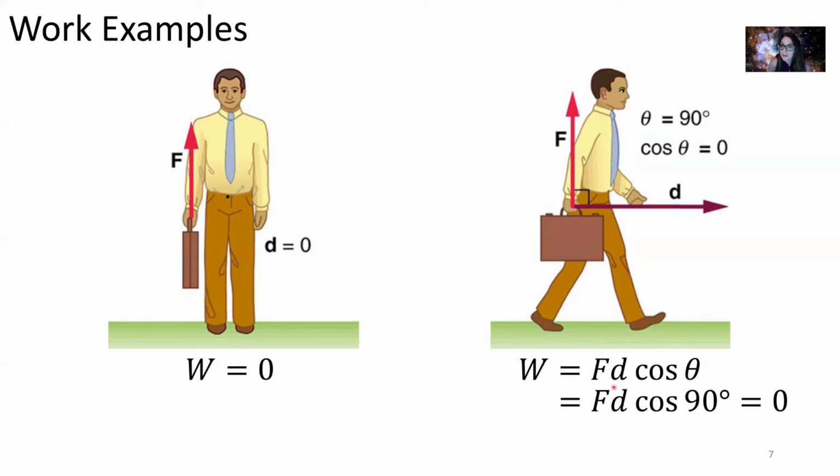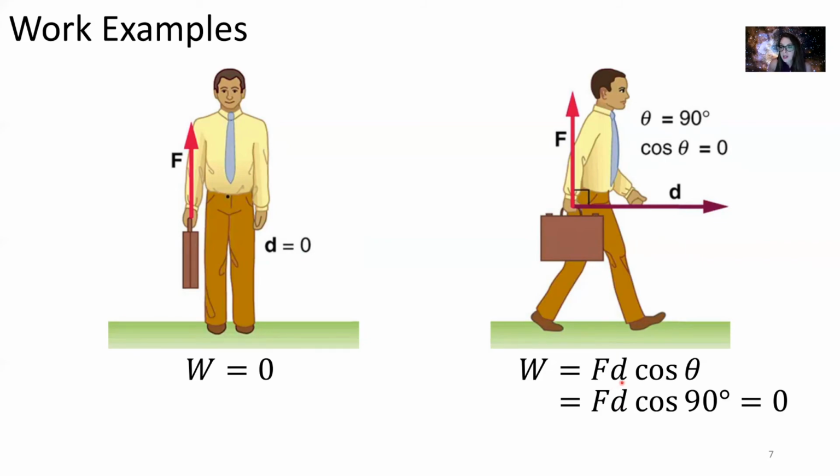Well, remember, work is FD cosine theta, or it's our displacement times the component of my force parallel to my displacement. If I'm moving horizontally, but my force is directly upward, okay, there's no component of that force parallel to my direction of motion.